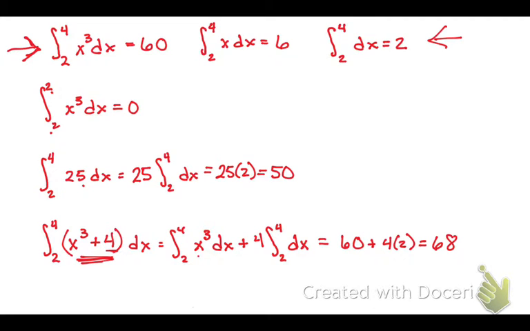Okay, the next thing we're going to do is I'm going to tell you that the integral from 0 to 3 of f of x dx equals 4, and the integral from 3 to 6 of f of x dx equals -1.